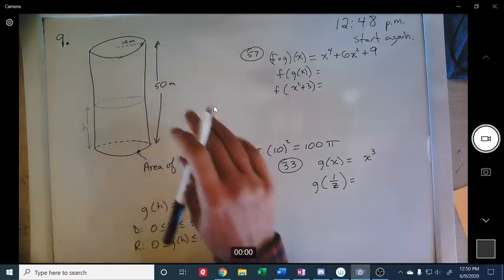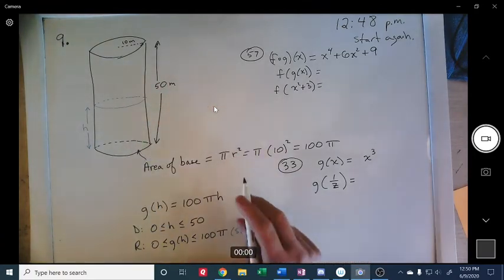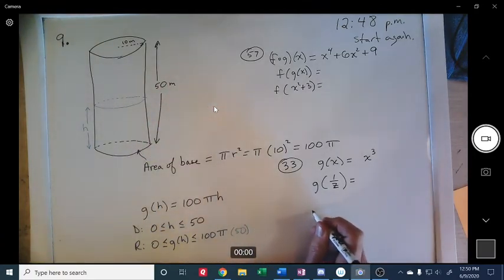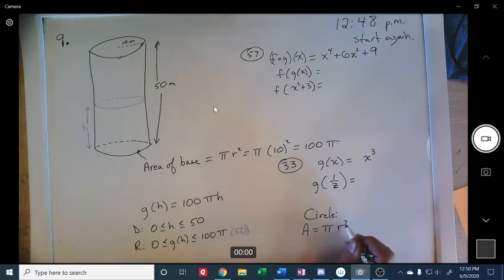So a couple basics I want to go over are formulas for a circle. Area is pi r squared. Circumference is 2 pi r. All right. These two formulas.